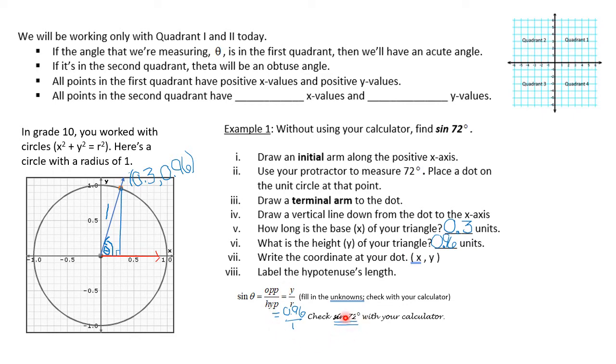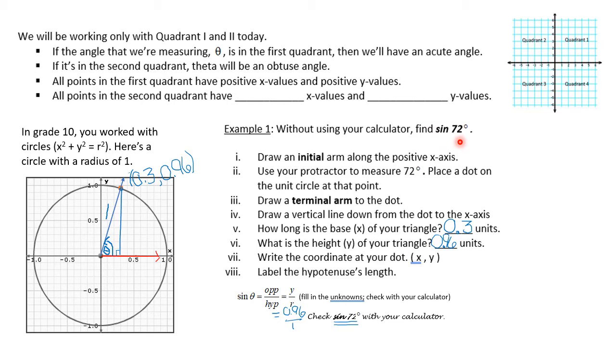When you put in sine of 72 on your calculator, you should be getting 0.951056, a whole bunch of numbers, right? That's this number here that we estimated. So I got a 0.96. I don't know if you got the same thing I did, or if your number's a little closer to 0.95. I was off by a bit, but that's how you find sine of 72.